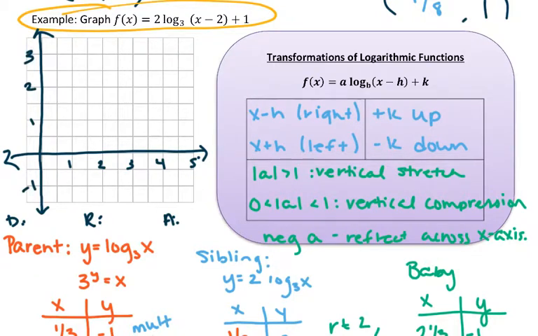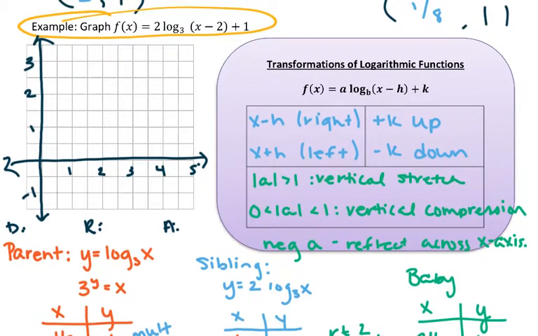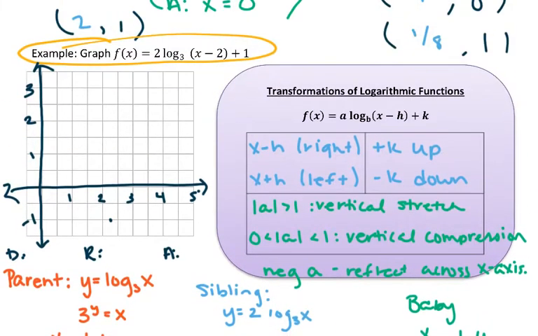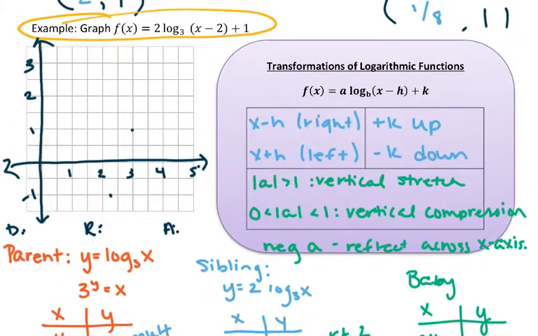All right, so then the 3 points we found for that baby function: (2 1/3, -1) would be right about there. The next one was (3, 1). And then the last point was (5, 3).